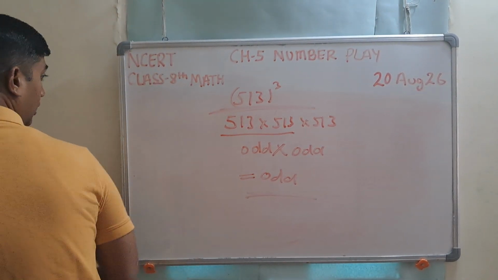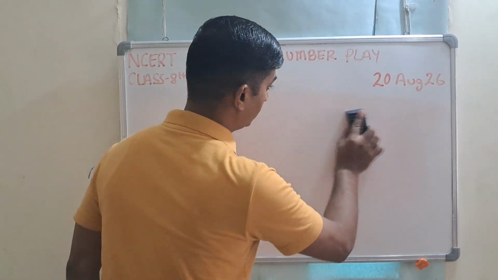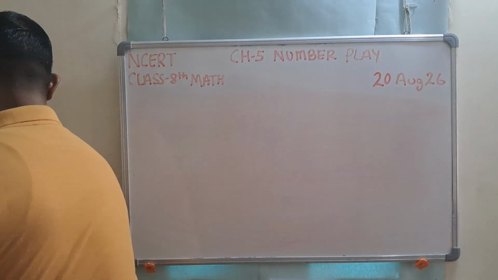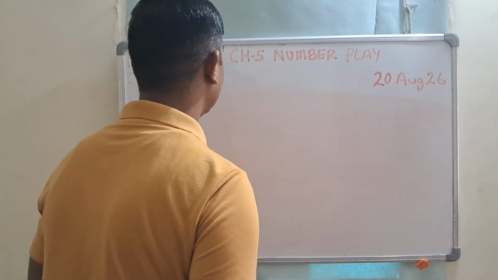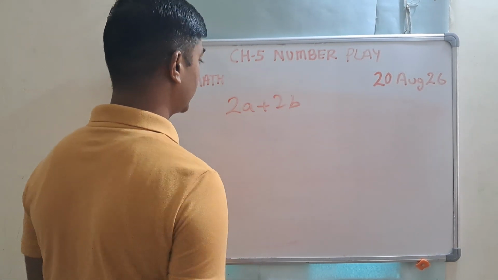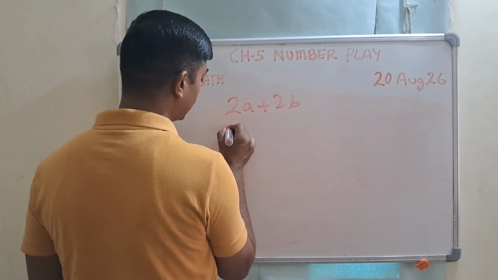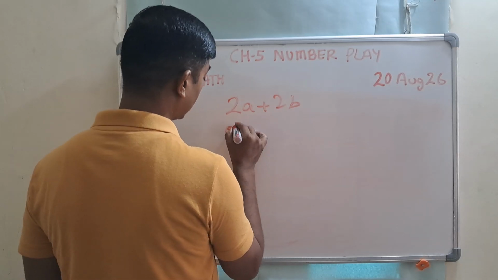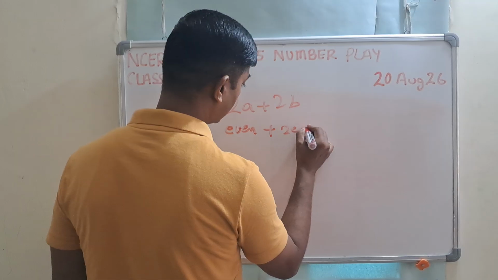Now we will see and study the algebraic terms. What is the first term? They have given us 2a plus 2b. Now see, 2a is even, and this 2b is even.